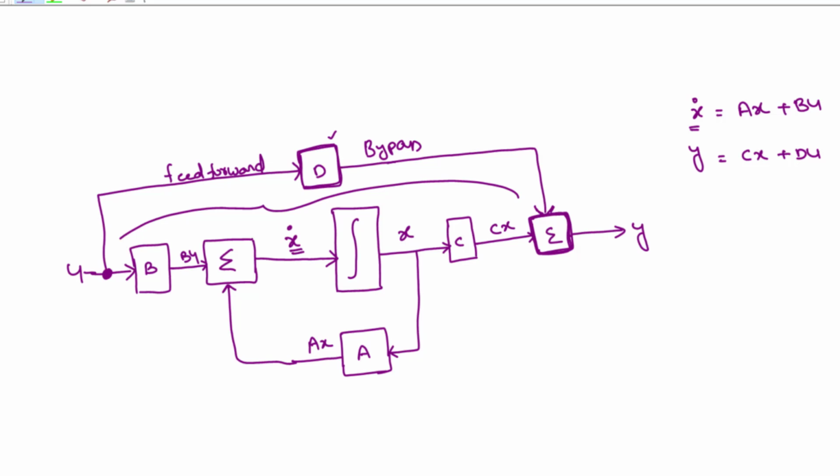Now let us take an example and then we will develop the state space model. In this example, we will try to develop the state space model of a simple RC circuit. So there is a resistance, and there is a capacitance.